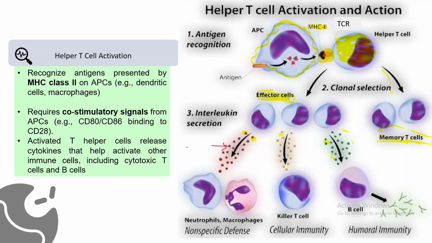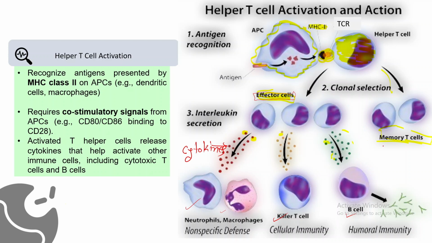These are basically cytokines. So this effector T cell or activated helper T cell then secretes cytokines, and these cytokines, or this chemical, further activate neutrophils or macrophages or cytotoxic T cell or B cell.